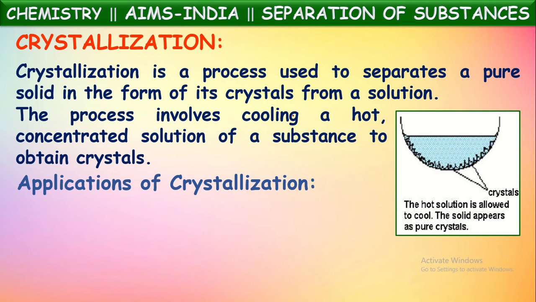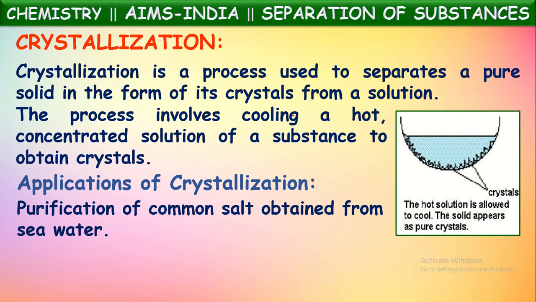So where do we apply this crystallization generally? In the purification of common salt obtained from seawater. In the earlier session, we discussed evaporation. By the process of evaporation, they obtain rock salt from the seawater, isn't it? They collect the seawater into small meadows. There, because of sunlight and air, water will be evaporated and rock salt will remain on the floor.